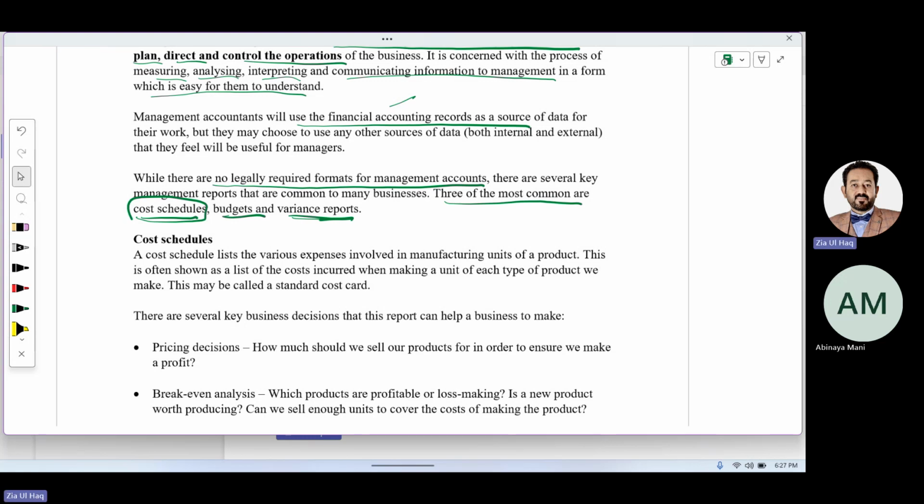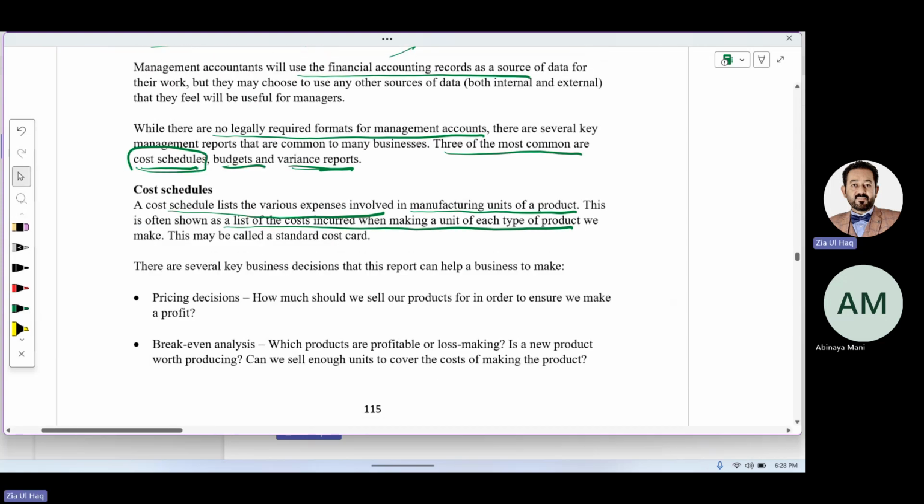So what is a cost schedule? A cost schedule is a list of the various expenses, meaning costs, involved in manufacturing a unit of a product. It is often known as a list of the costs incurred when making a unit of each type of product we make. This may be called a standard cost card as well.